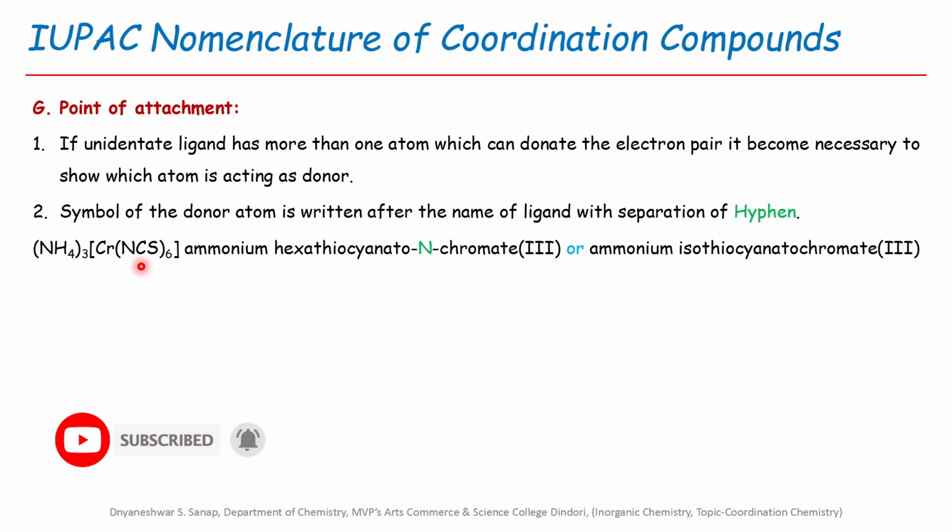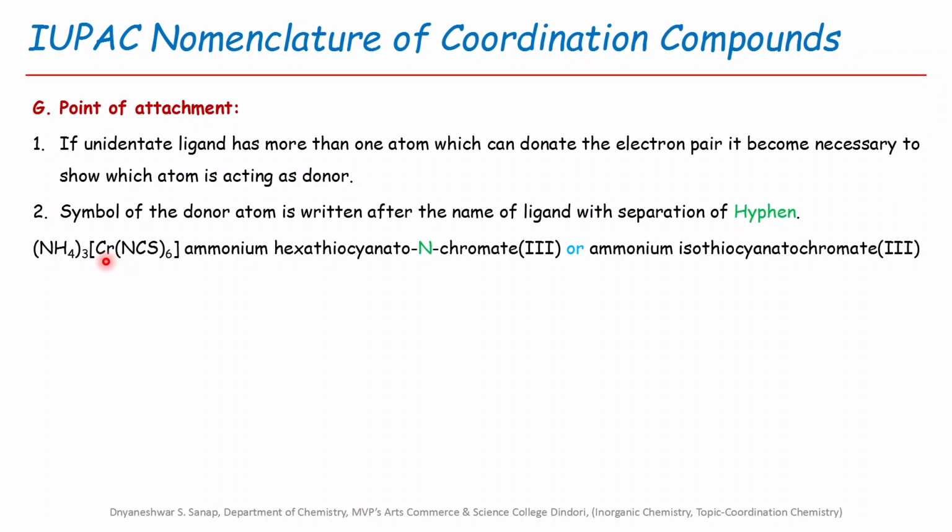Basically, there is only one type of ligand, but this ligand has the tendency to donate electron pairs via two atoms, nitrogen as well as sulfur, and that's why we have to write which atom is responsible for donating electron density to the central atom or ion.